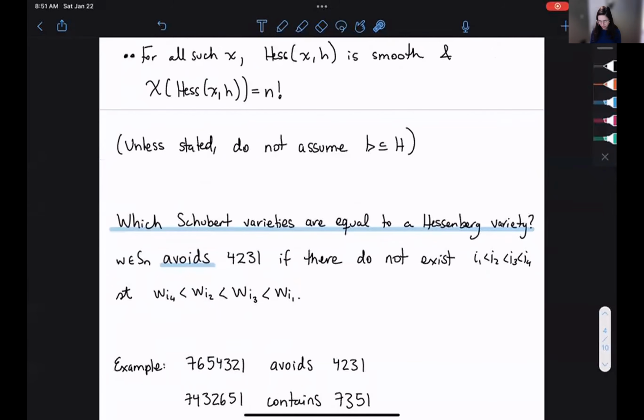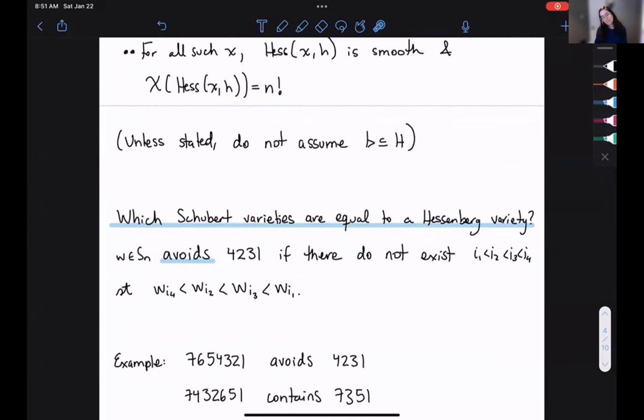As an example, I don't know about computers, but personally by hand, I find it hard to know if a permutation avoids another permutation. So my example is always this one, which is very easy. This is always decreasing, so no subsequence is going to have this relative order, because every subsequence of length 4 is going to have the pattern 4, 3, 2, 1.